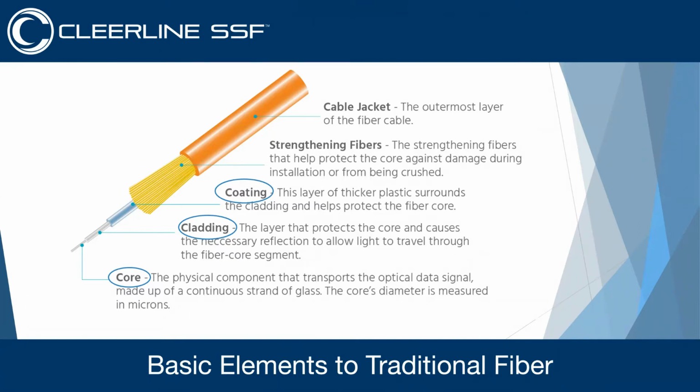And then above that, you've actually got 2 coatings. You've got a primary and a secondary coating called an acrylate and a buffer jacket. And this is where you start to have to strip back these layers when you're preparing fiber for termination. And again, this is what you hear of when you start talking about learning how to use fiber: you have to go to school and learn how to strip this back specifically, and then you have to clean the glass underneath, similar to when you clean a tungsten halogen lamp or the headlamp on your car.